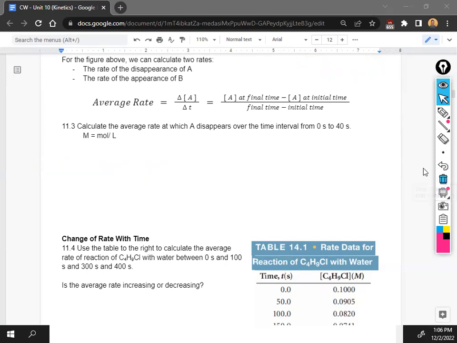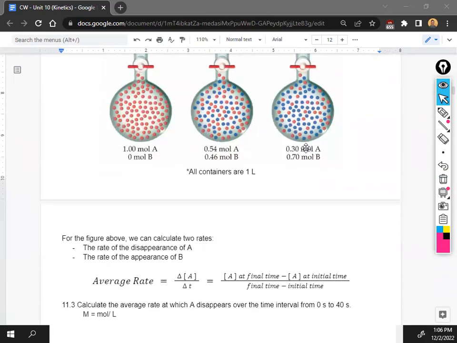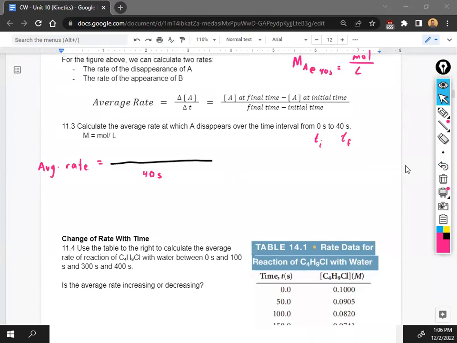Yeah, 0.3. There's 0.3 moles of A. So we're going to do 0.3 and it's 1 liter. So the molarity is going to be 0.3 molarity. So at 40 seconds, there are 0.3 molarity of A.